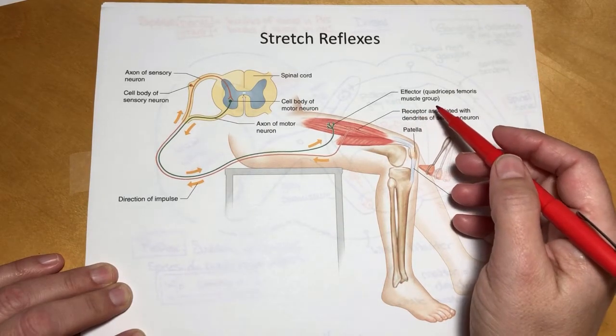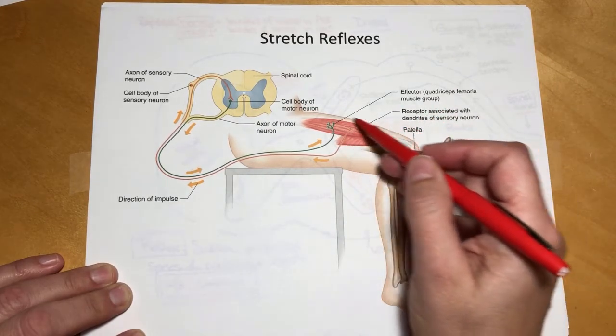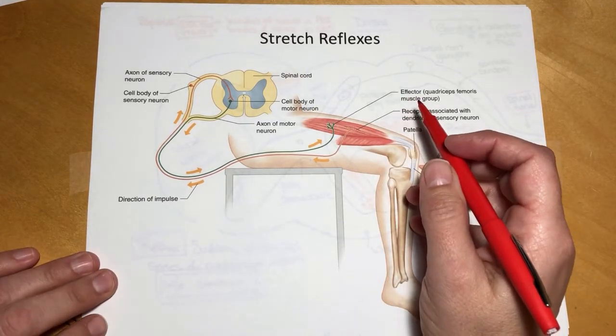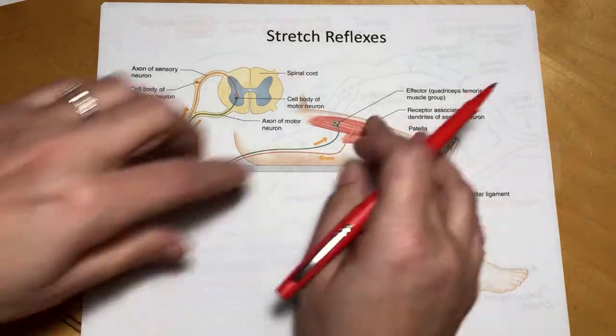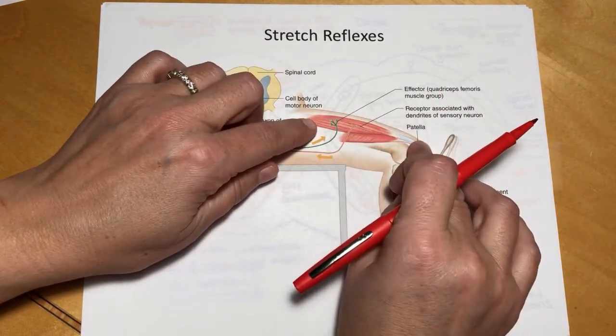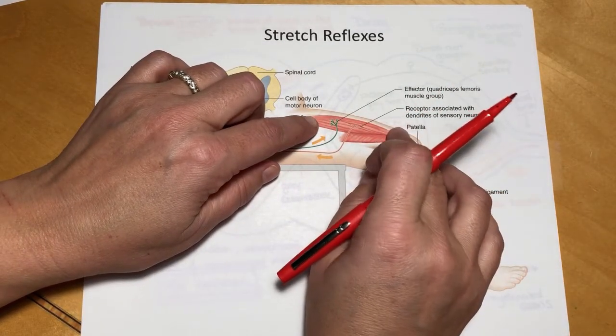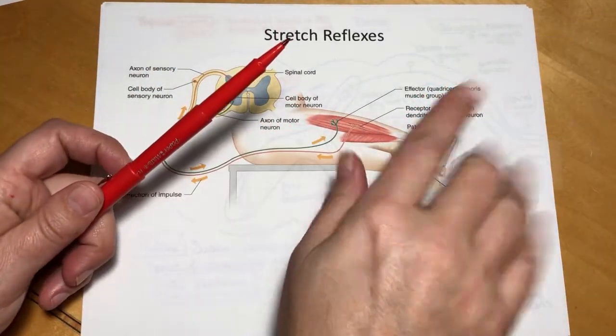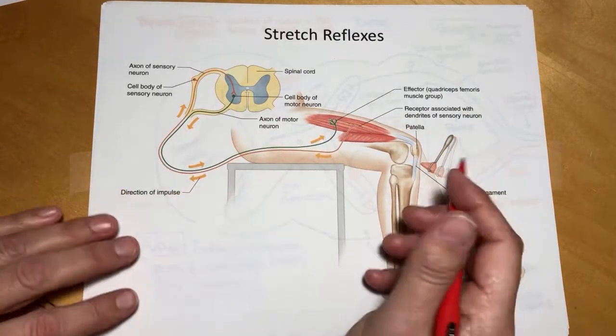Really, what the body is trying to do is protect this muscle from getting stretched out. It's worried that the muscle is going to stretch too much, so the response is to contract the muscle a little bit, which is why your leg kicks out.